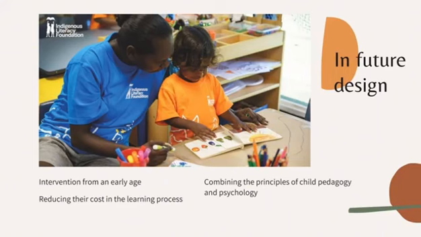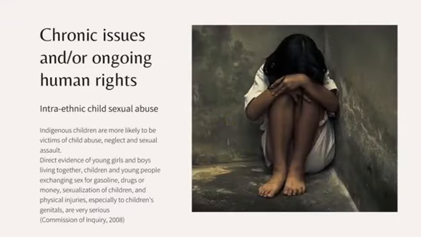Let's move to chronic issues and ongoing human rights. The most serious of these is the problem of sexual assault against indigenous children. Some articles show that indigenous children are more likely to be victims of child abuse, neglect, and sexual assault.